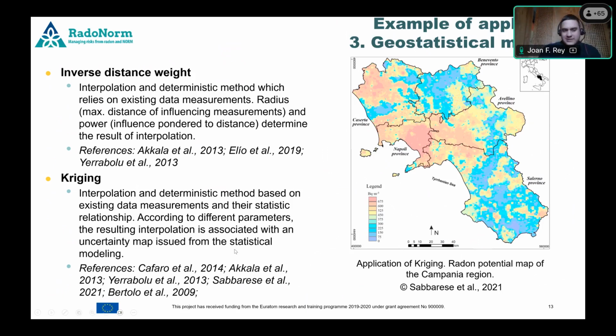So the result of a kriging will be an interpolation map, such as the one on the right here, but it will also come with an uncertainty map issued from the statistical modeling based on the existing data measurements. Here, the example is an interpolation carried out in the Campania region in Italy, and it clearly highlights high radon levels in the Napoli province, and more specifically in Napoli city.